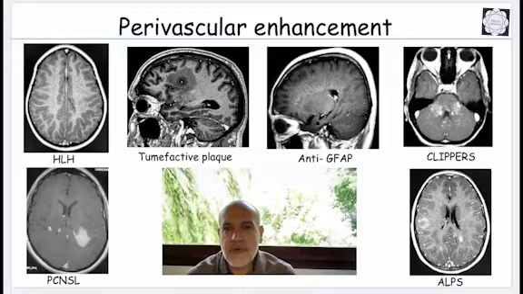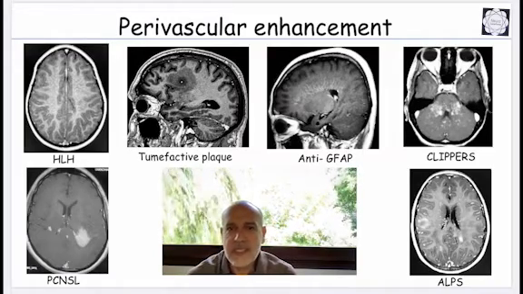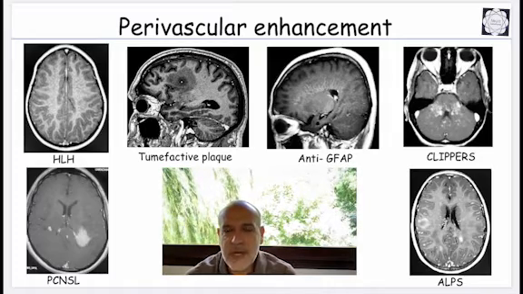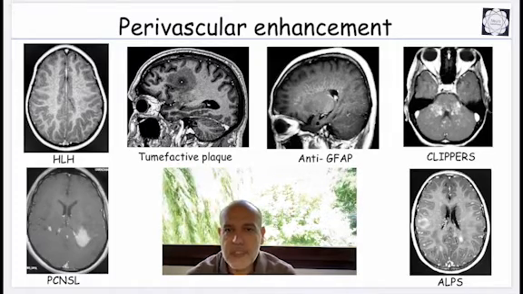CLIPPERS stands for chronic lymphocytic inflammation with pontine perivascular enhancement responsive to steroids.